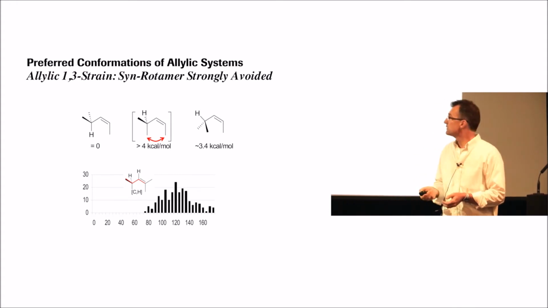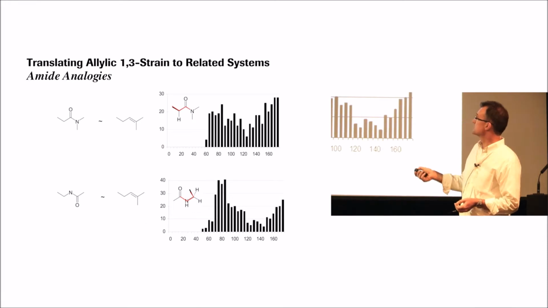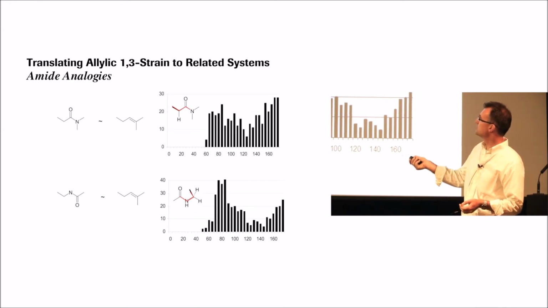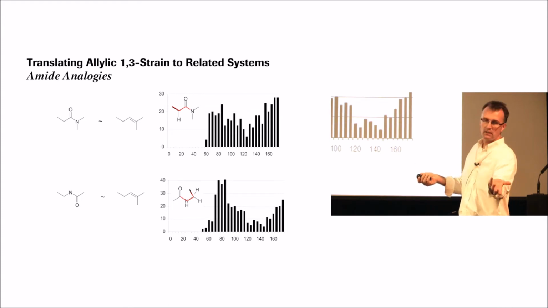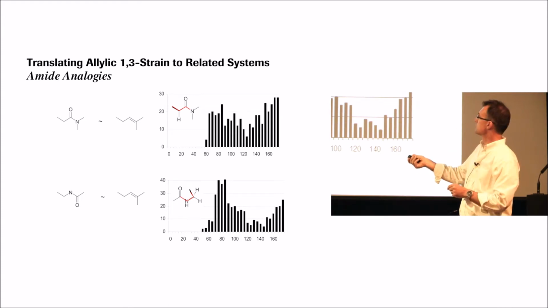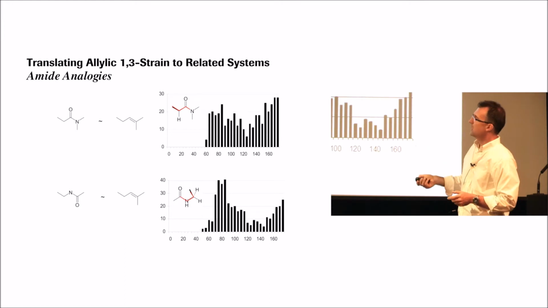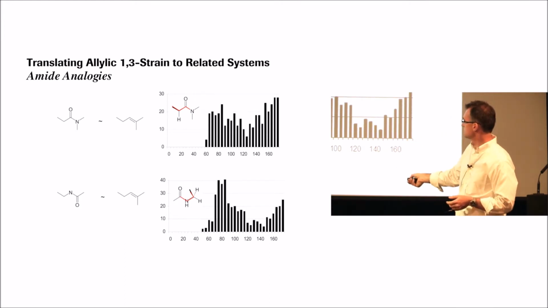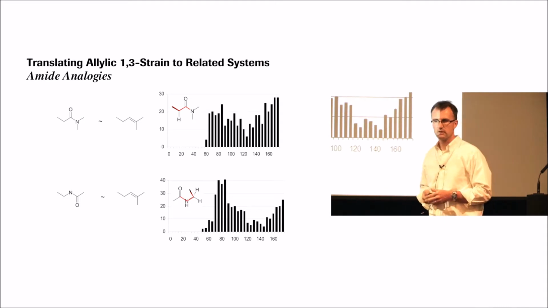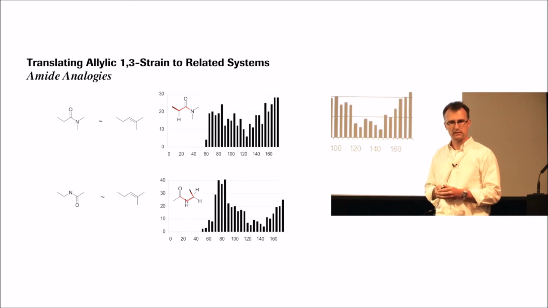But really, there are many systems that you can compare with this and say, well, really, amides, either way of looking at them from the carbonyl perspective or from the substituent perspective here, actually are allylic systems that avoid the exact same type of arrangement here. And all of a sudden, that kind of knowledge makes sense, and it can be compared and put into perspective.